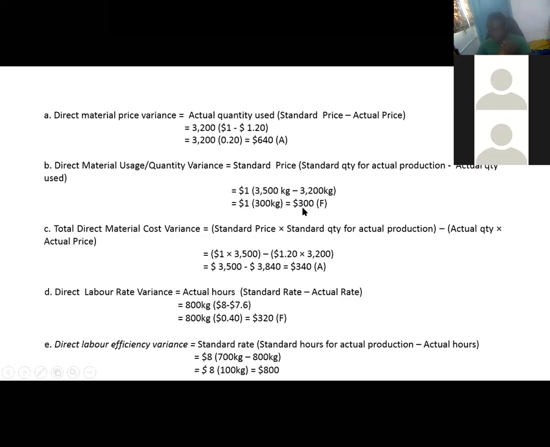We are talking about money. So when that is done, we are getting 300, and then it is essential that you put the F in brackets, or you can just write it in full: Favorable. You can write as simple as that.